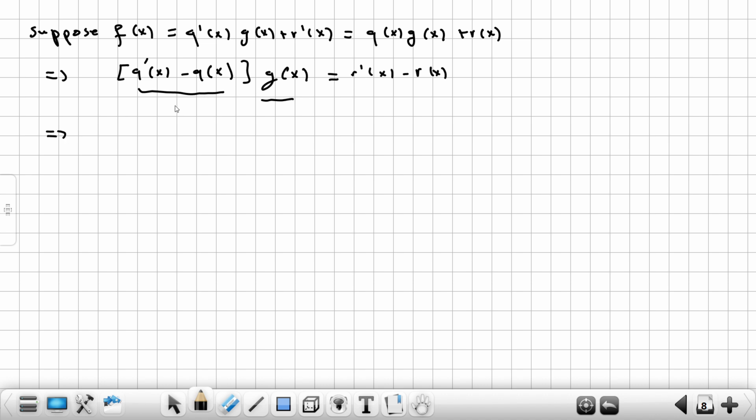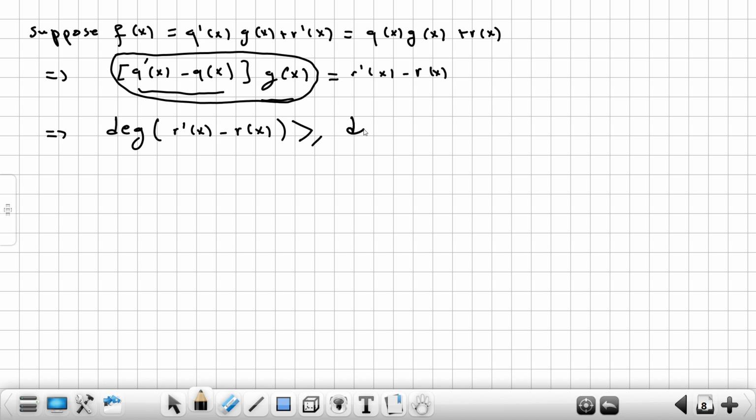Moreover, the degree of r prime minus r is equal to the degree of this product, which is greater than or equal to the degree of g of x. But we know that each of r prime and r has a degree lower than that of g of x, which is a contradiction.